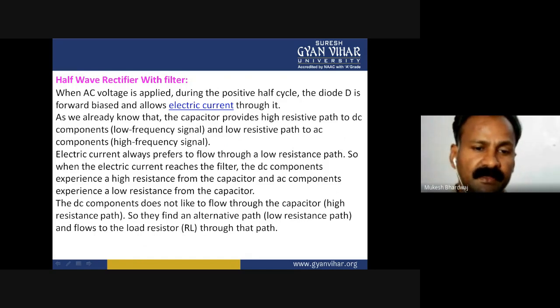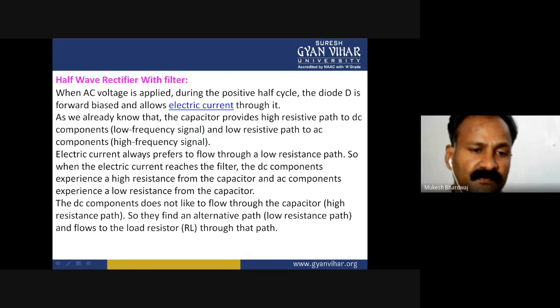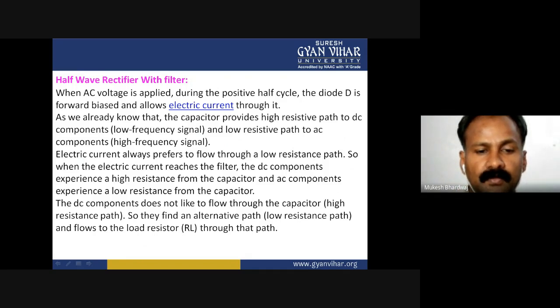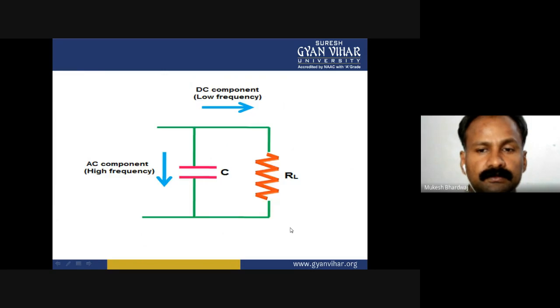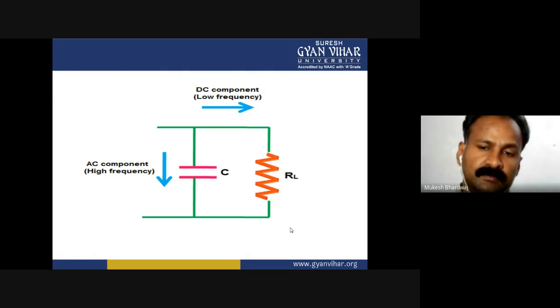So it finds an alternative path, that is the low resistance path, and flows to the load RL through that path. This is the pictorial representation of a filter circuit.